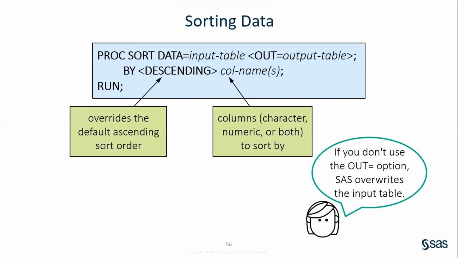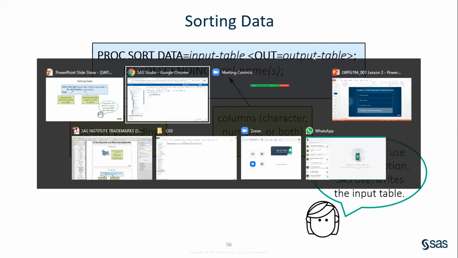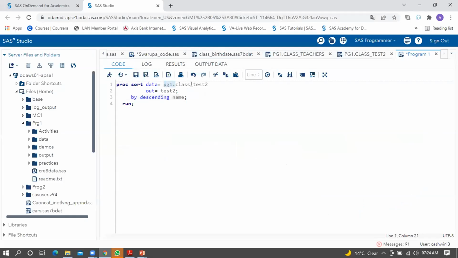That's why proc sort will never generate a result. It will create a table which will be sorted. In case out equal to is not written, it will rearrange the values in your input table, and it is not advisable to disturb your original table. Hence, out equal to is used to create a new table which will be sorted. So in our example also, PG1 class test 2 will be untouched.